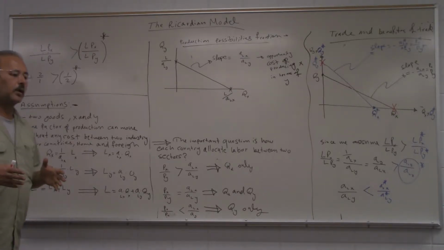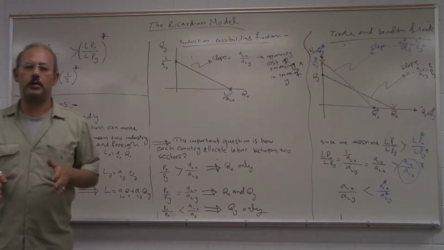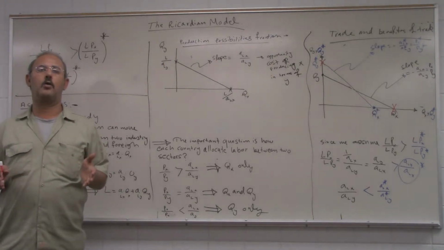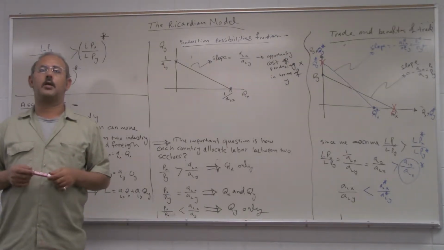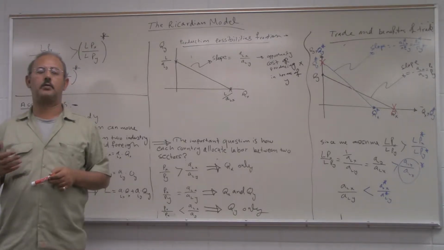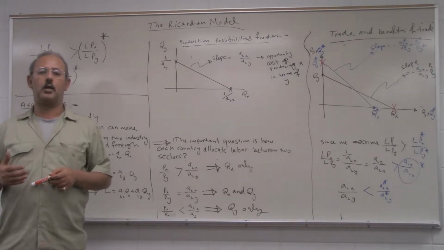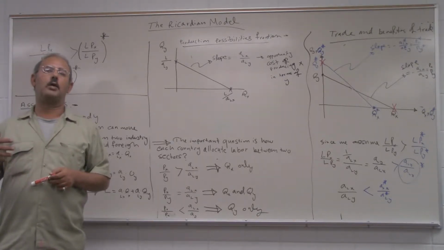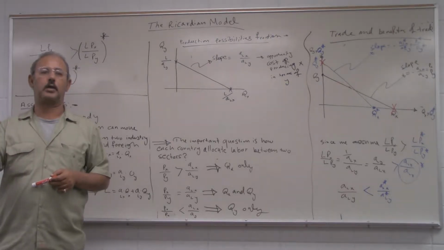This means that this country, maybe the home country, is more efficient in producing good X compared to good Y, and compared to this ratio in another country.